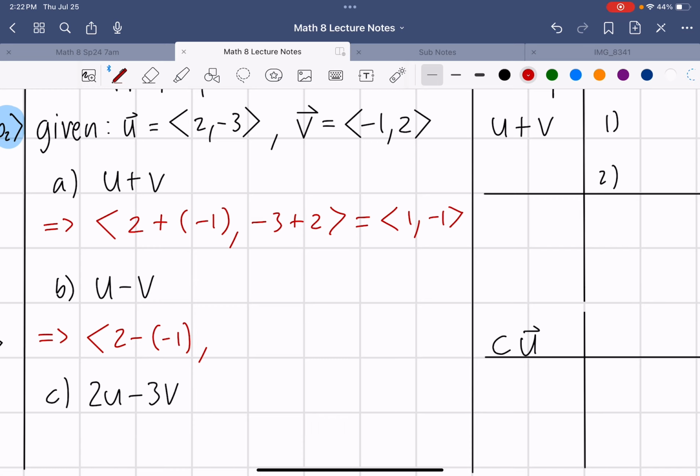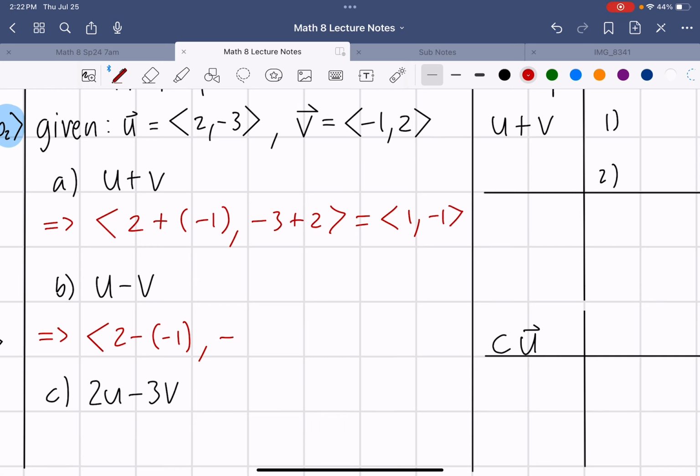And then I have, once again, negative 3 minus 2, which is going to give us, right, these two negatives become positive. It's going to give us 3 and negative 5.